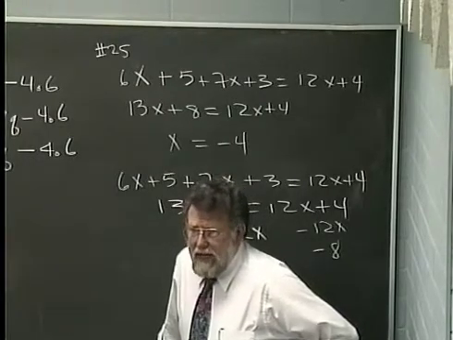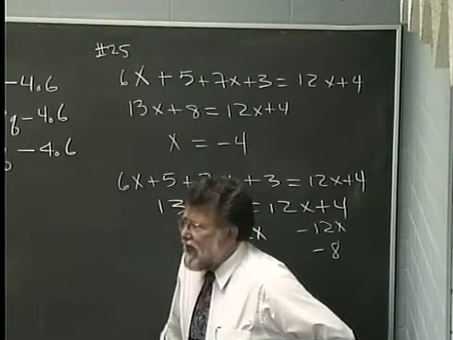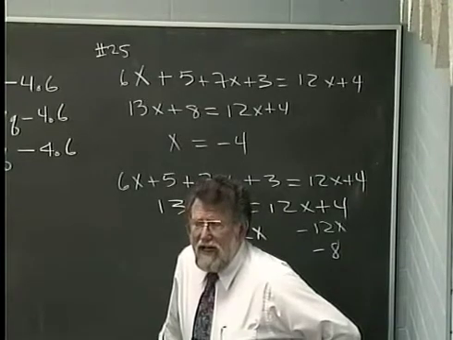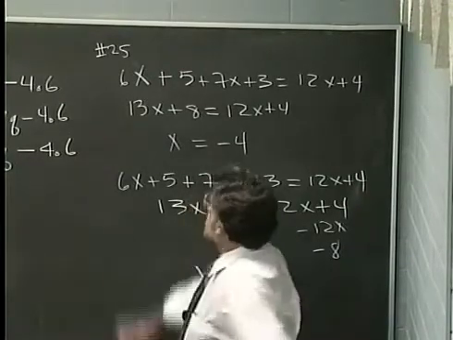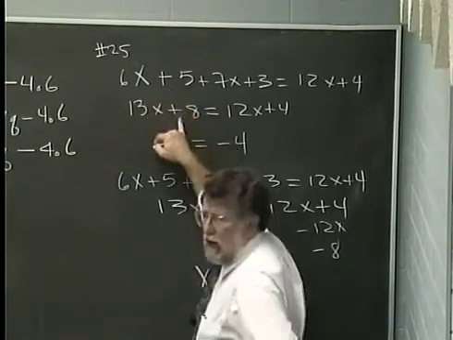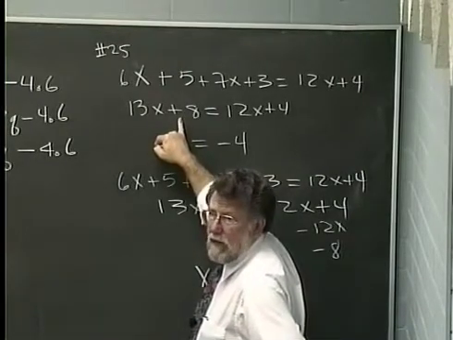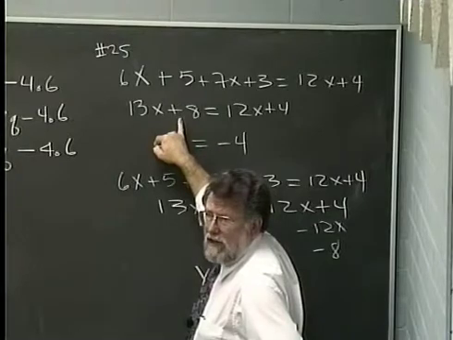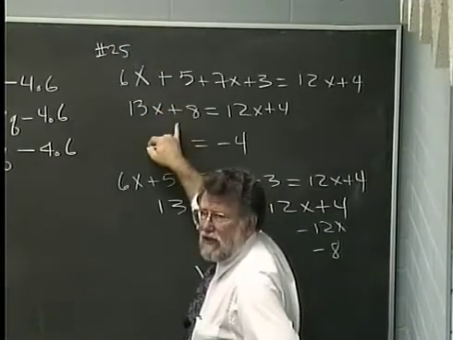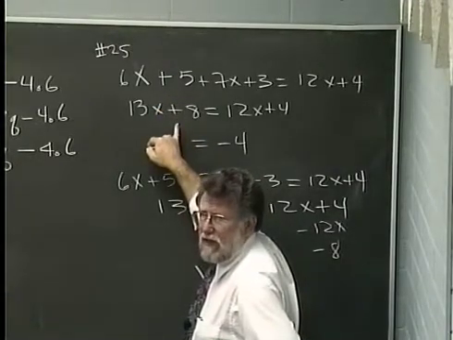If A equals B, I can add C to both sides and get A plus C equals B plus C. When I went from here to here, I simply used the properties of the real numbers. So I'm guaranteed that these expressions are still equal, so they have the same solution.